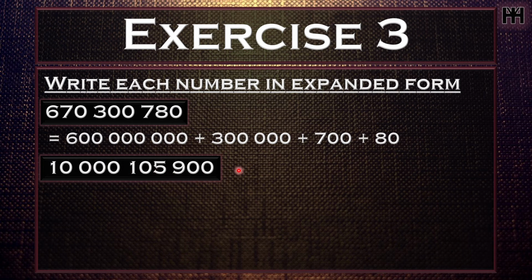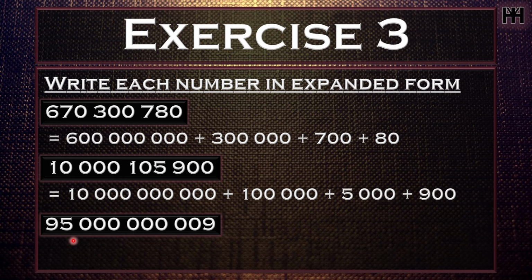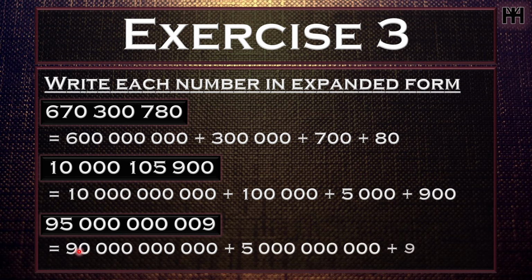Now we have 10 billion 100,000 5,900. And finally we have 95 billion and 9. We will write the 90 billion, then 5 billion, then the 9.